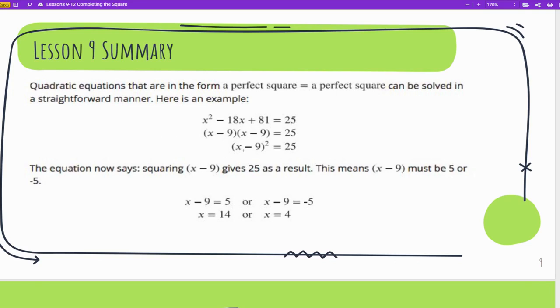If we can write it as a perfect square, all we have to do is realize that 5 times 5 gives you 25, and it breaks down into two immediate equations. x minus 9 equals 5, x minus 9 equals negative 5. And from that, we get our two solutions. So this is going to form the basis of the rest of this mini unit as we learn how to complete the square and solve a different group of quadratic equations that involve the vertex.